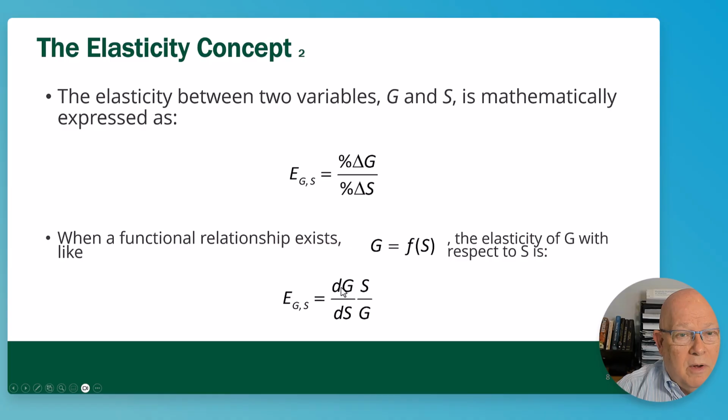The derivative of G relative to S would be the slope of that line, the relationship. But then we have to scale it in order to get a percentage. So then we're going to take S, the number of hours of study, divided by G, the grade. And by multiplying these two together, we're going to get the elasticity of grades relative to the number of study hours.